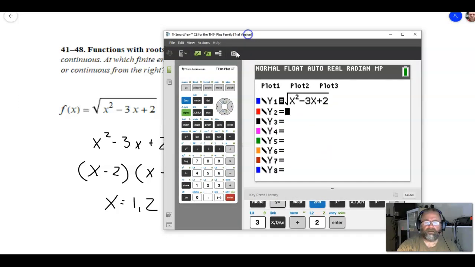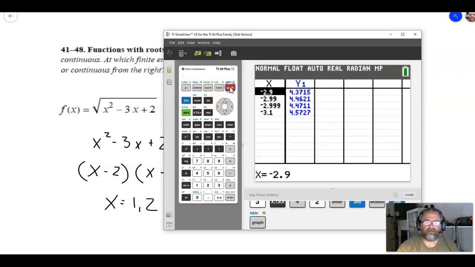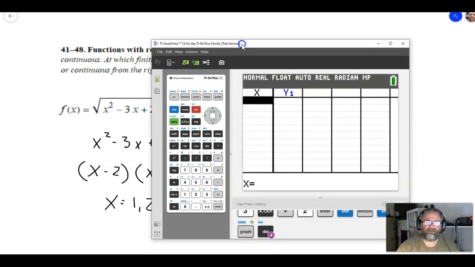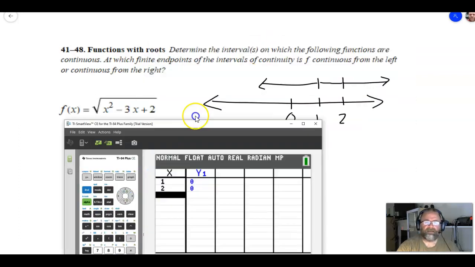And now I'm going to go to my second window, make sure I'm on Ask and Auto because I'm going to use my table for this. And then second table here, let's delete those out. And the first thing I want to do is just verify that 1 and 2 are 0. So if I put 1 in, I get a 0. I put 2 in, I get a 0. So that just kind of verifies those answers.